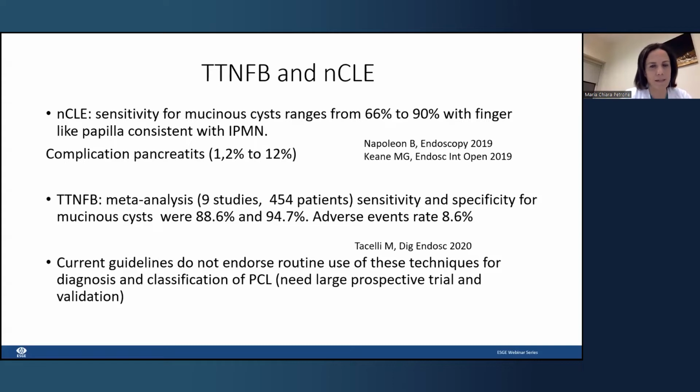Also in this case, the adverse events rate was not so low. However, current guidelines do not endorse the use of these techniques because we definitely need more large prospective trials, and these results have to be validated by other groups.